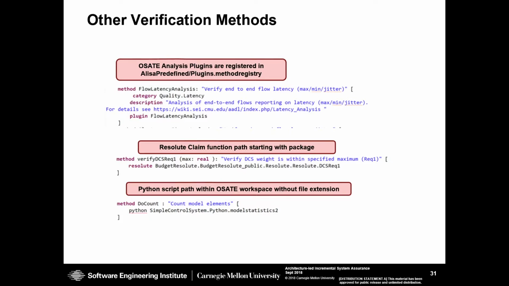In the case of Resolute, it's similar to the Java one, except you're identifying a Resolute claim function, and you do that by specifying a full path with the package name, the public section of the Resolute Annex library, with the .resolute, and finally the name of the claim function.